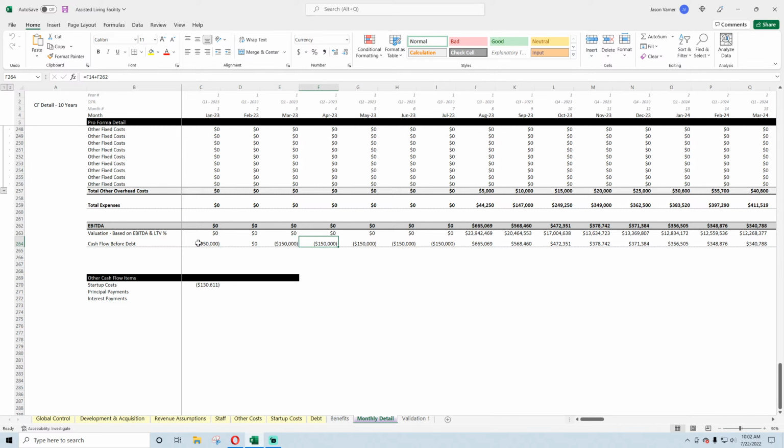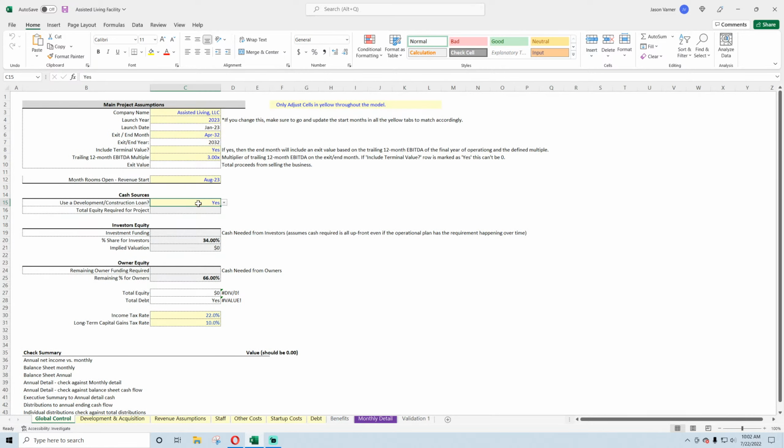We define a couple of variables to show essentially how many months we're going to use the loan, the debt facility for, if you're doing construction or development, and if you're going to use any debt at all, yes or no, and if no, it'll just zero out.